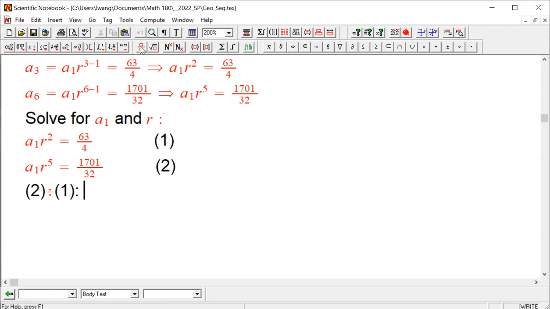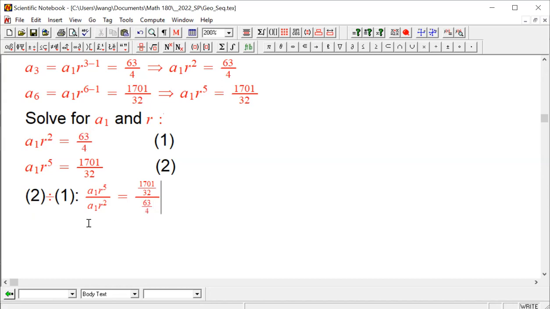What that does is take the left-hand side of the second equation divided by the left-hand side of the first equation, and the other side will be the right-hand side of the second equation on top and the right-hand side of the first equation at the bottom.